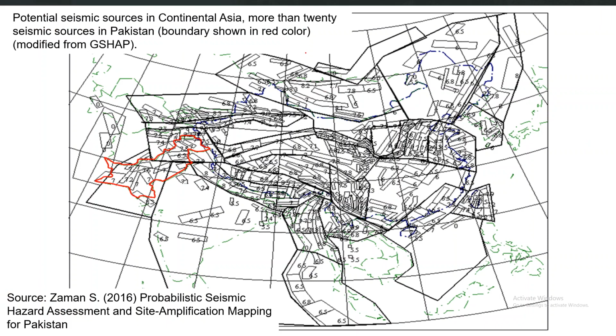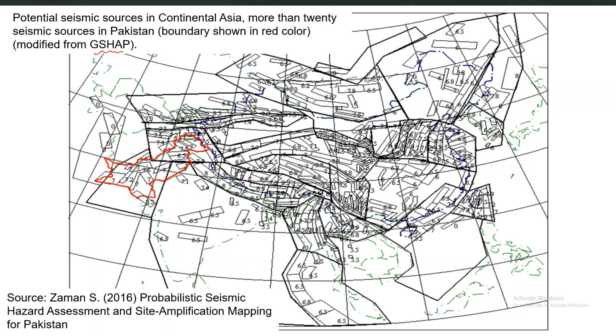So based on the historical seismicity and seismotectonic environments, different studies have conducted the delineation of seismic sources for the purpose of probabilistic seismic hazard assessment. So one of them is here. This is from the Global Seismic Hazard Assessment Program, GSHAP, and the aim for this project was to quantify the seismic hazard of the whole region, and Pakistan was also included in that.